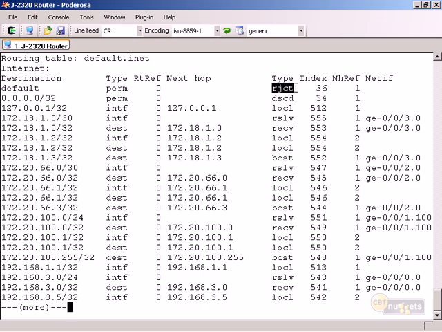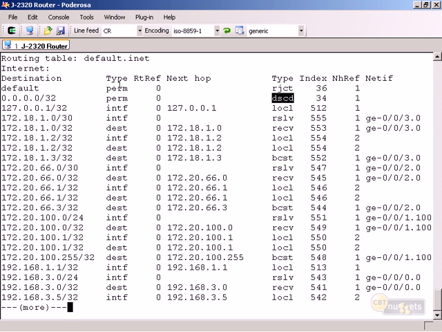This is the bit bucket, or like on Cisco, the null zero interface. When you say reject, you're going to discard it, but you're going to send an ICMP unreachable message. Now discard is also an interface next hop. The discard, though, will discard, but it'll do it silently. It won't send any ICMP unreachable message.